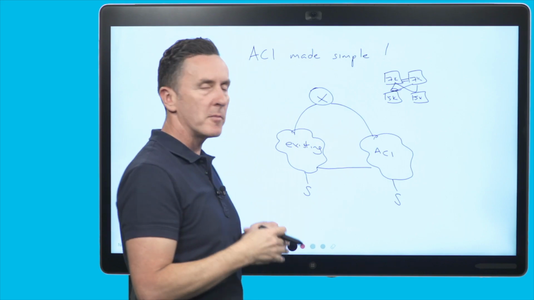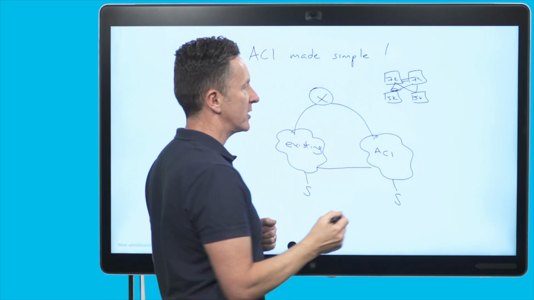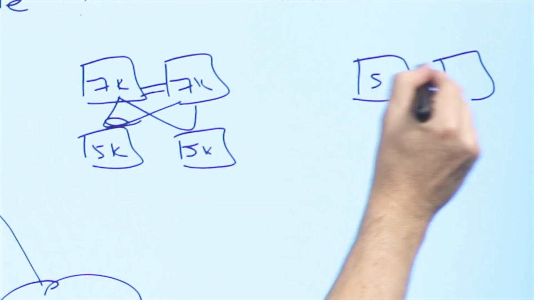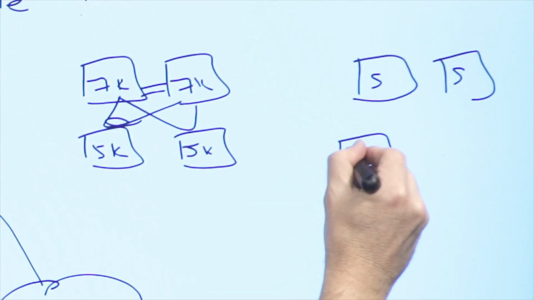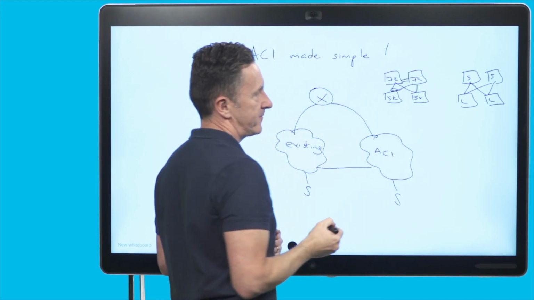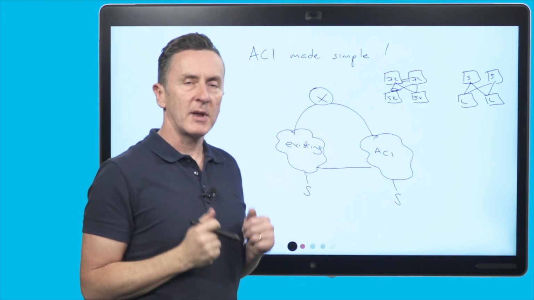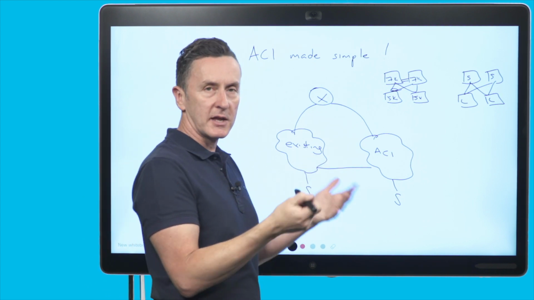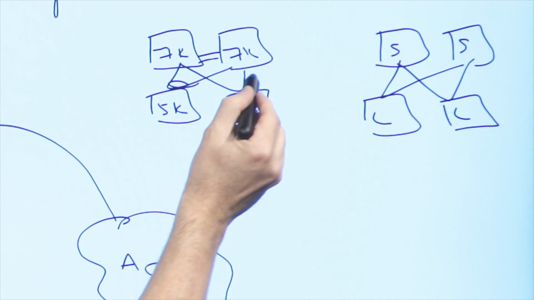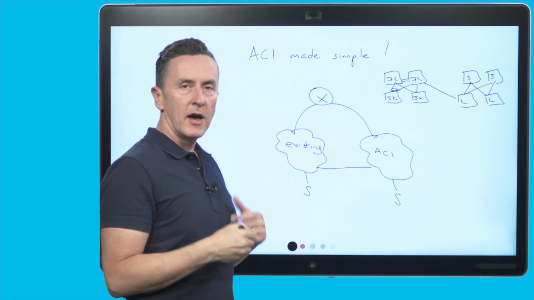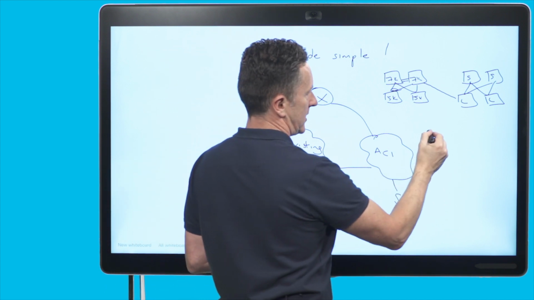So I've got my existing infrastructure, and then my ACI infrastructure, which I'm just going to do with a couple of spine switches and a couple of leaf switches. To do my layer 2 connectivity, all I need to do is take a virtual port channel and connect my existing infrastructure into a leaf switch.